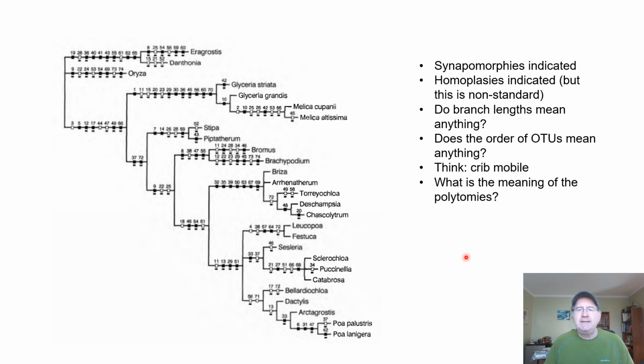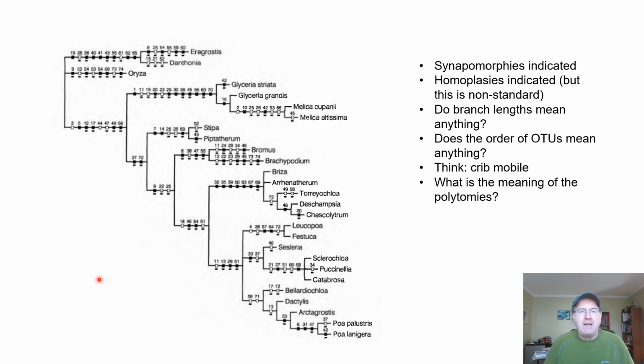Do branch lengths mean anything? Well, let's take a look at this. In this case, we see that, for example, this branch is much longer than the one it subtends here. And so in this case, it does mean something: the branch length is proportional to the number of synapomorphies on that branch. In other words, it's proportional to the amount of evolution that the authors are inferring has taken place along this branch.